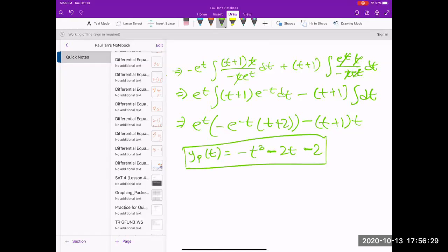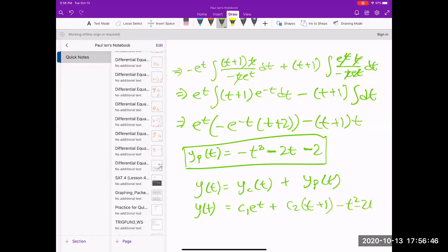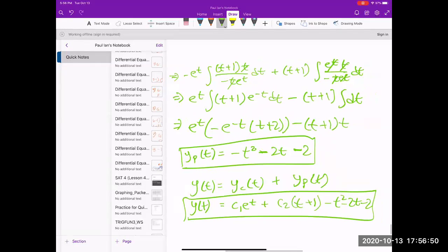So you have this, and therefore y(t) equals y_c(t) plus y_p(t). y(t) then equals c1 e^t plus c2 (t plus 1) minus t squared minus 2t minus 2. I think we're done with this one.